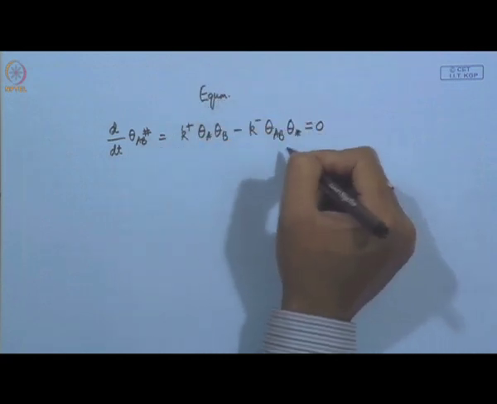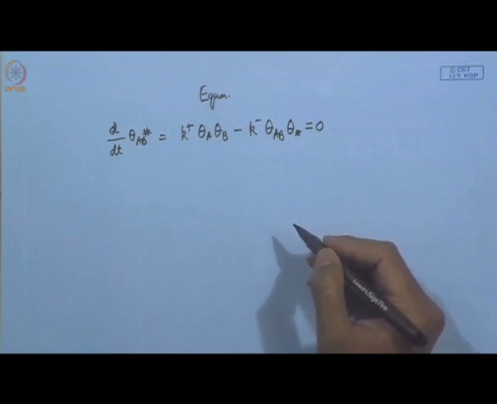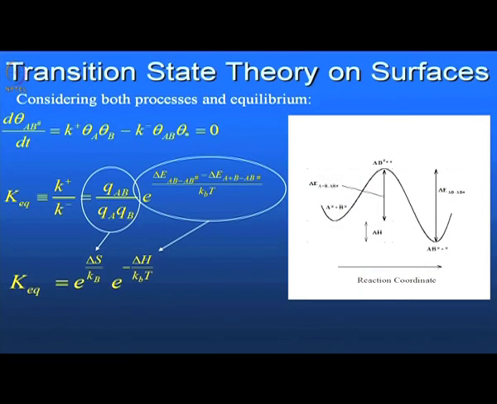That means the rate of the forward reaction and the rate of the backward reaction will equalize. So that's why we put this to 0.